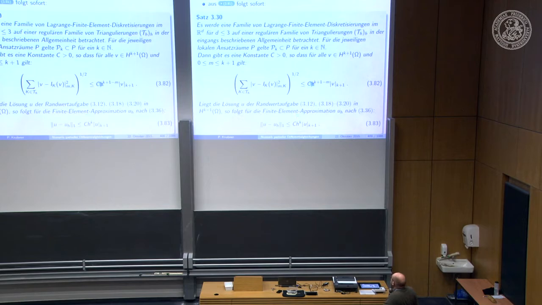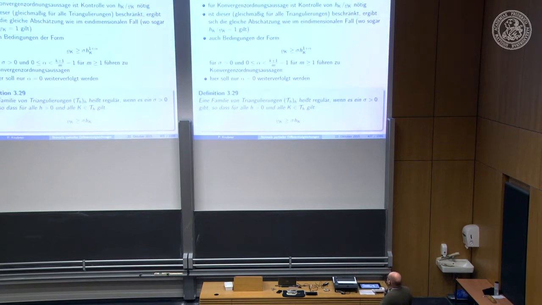I have not mentioned one of the very important assumptions which we had to make, namely the shape regularity of this family of triangulations. What was this? It was a requirement that there is a constant, here denoted by sigma, a positive constant, independent of the h, so valid for the full family of triangulations, such that we can estimate the rho k, that was the supremum of the diameters of all inscribed balls, by sigma times hk, which was the diameter of the element.